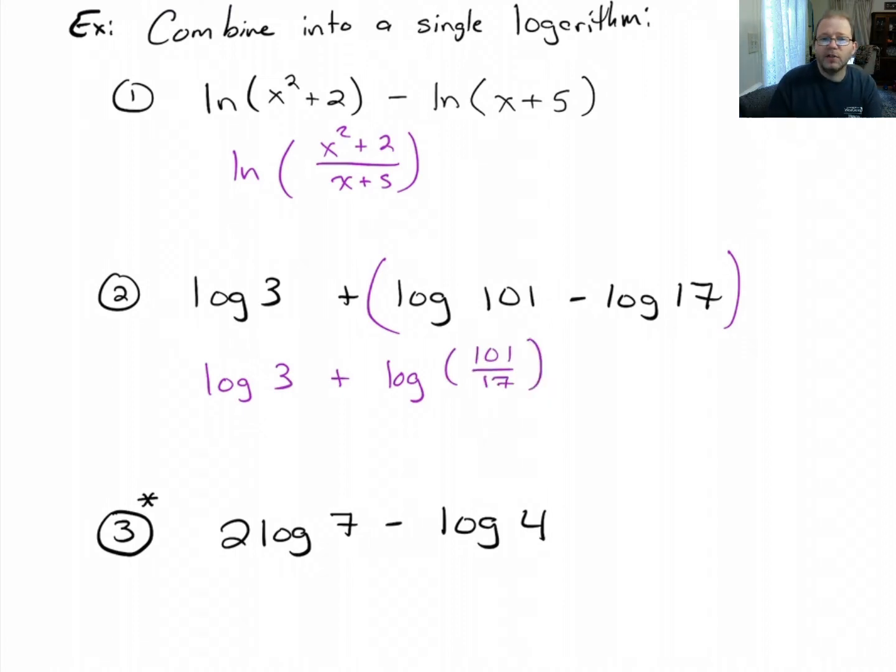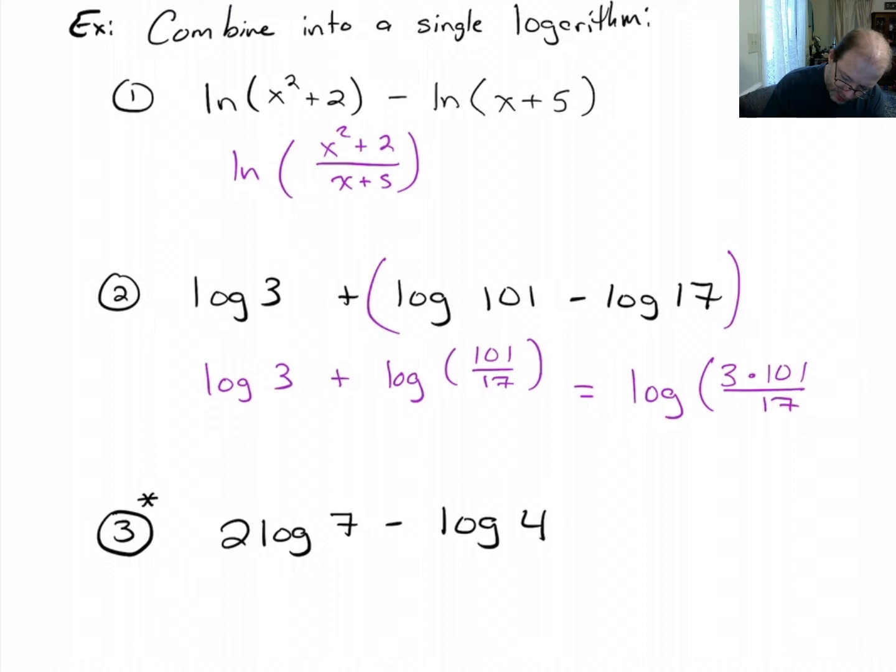And now I've got 2 logs added together, so I can change this into, using the addition multiplication rule, log of 3 times 101 over 17. Of course, I could make that as log of 303 over 17.